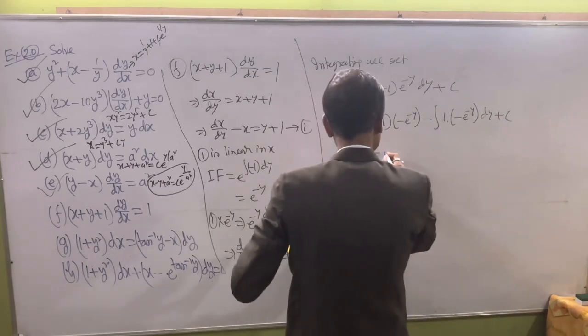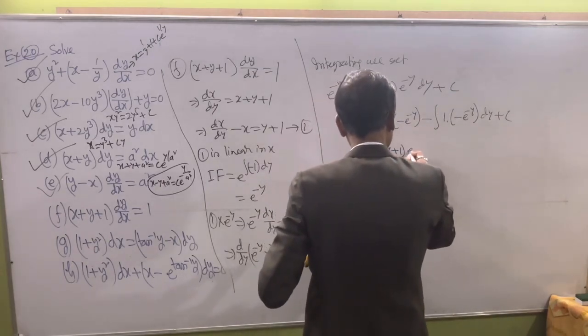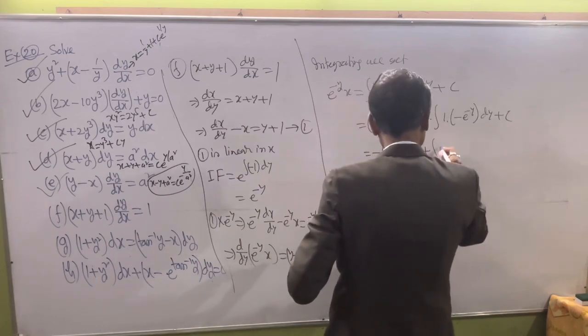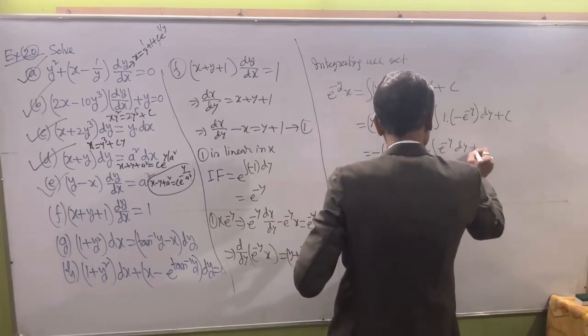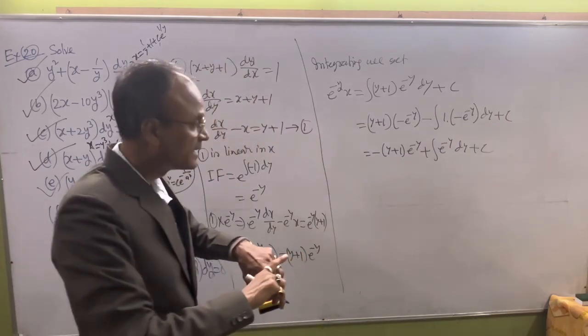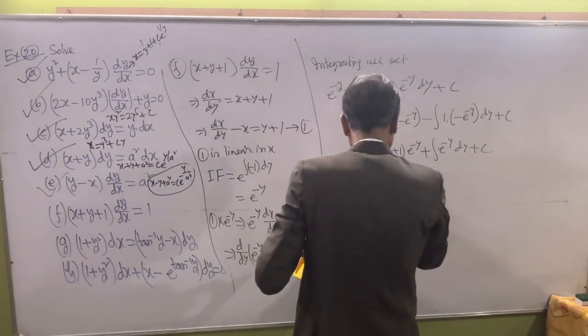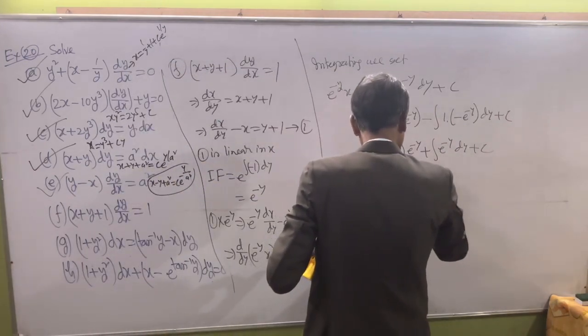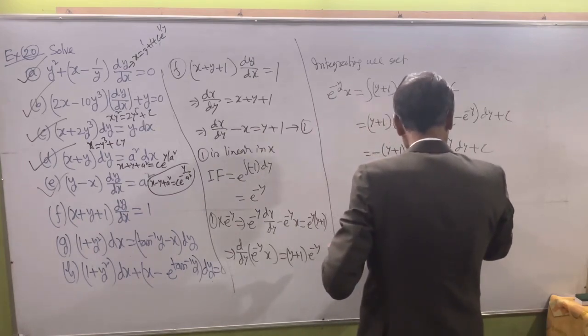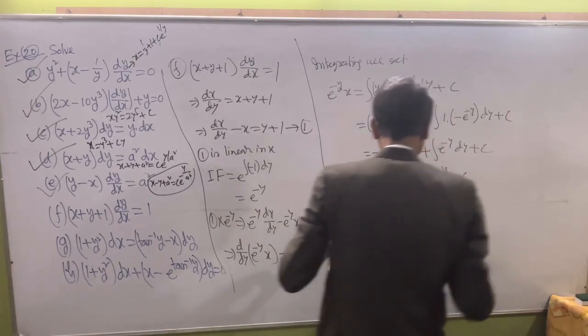This is equal to minus y plus 1 times e to the power minus y plus the integral of this one. This is equal to minus y plus 1 times e to the power minus y minus e to the power minus y plus c.